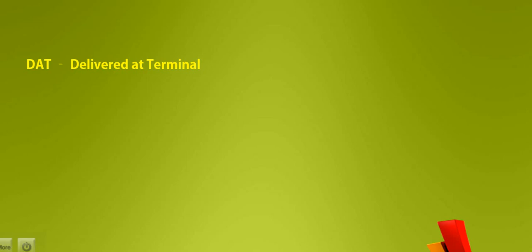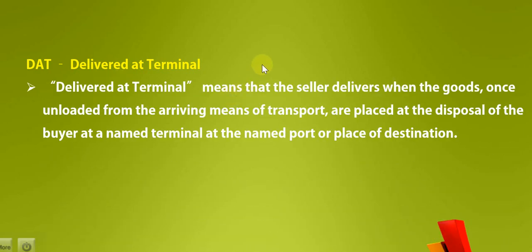But to make the understanding between the two, we will study what DAT was. DAT, delivered at terminal, means that the seller delivers when the goods, once unloaded from the arriving means of transportation, are placed at the disposal of the buyer at the named terminal, at the named port or place of destination.